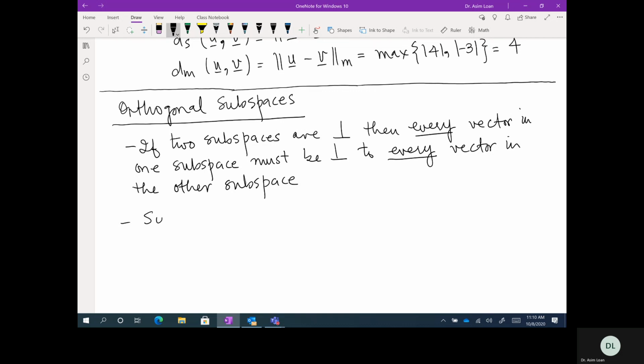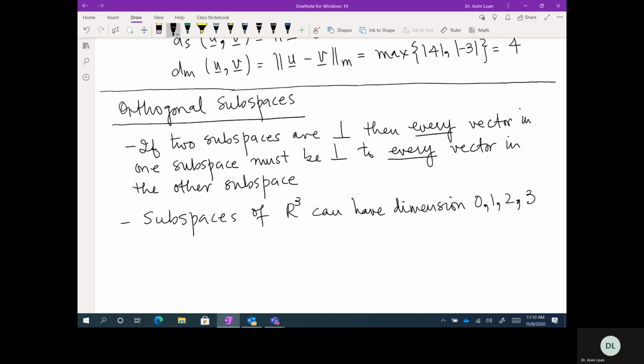Okay, so subspaces of R3 can have dimension 0, which is the origin, 1, a line, 2, a plane, or 3, which is the entire space.